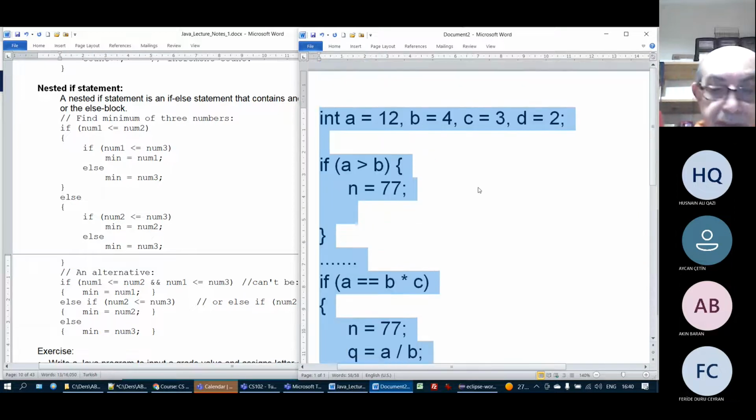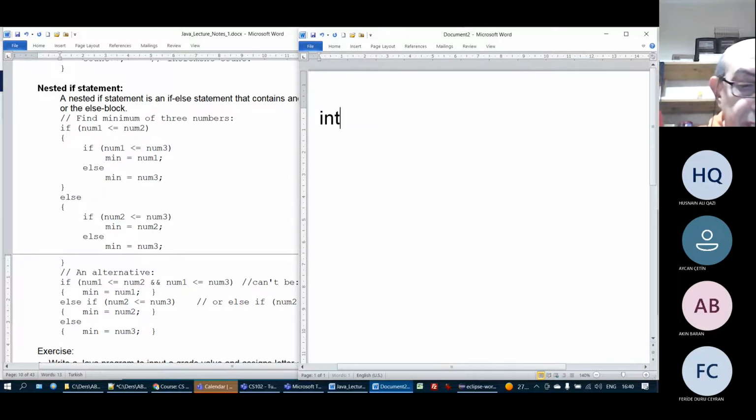For example, let's say int age equals, for example, 12. Assume that I want to have some Java program which handles, let's say, 4 cases for age.